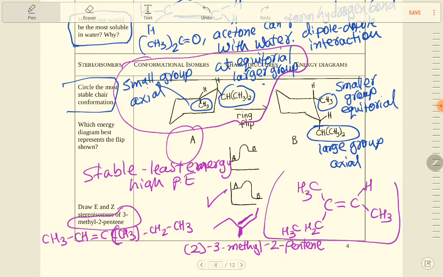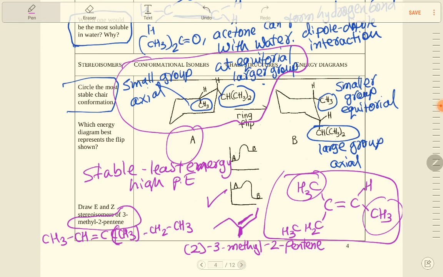So that is trans. Trans is usually more stable than cis because those groups are on opposite sides, so the repulsion among the groups and atoms is less, so they are more stable compared to the cis one, where an interaction happens.